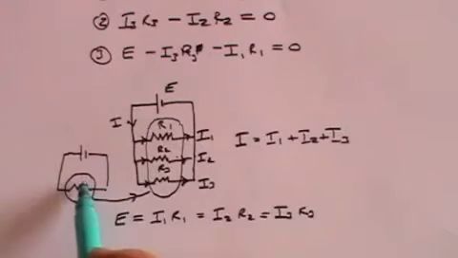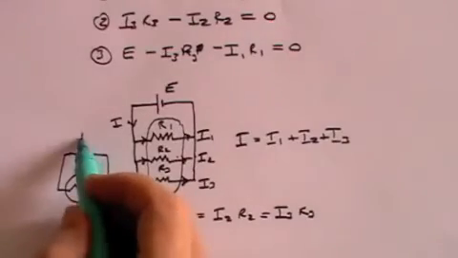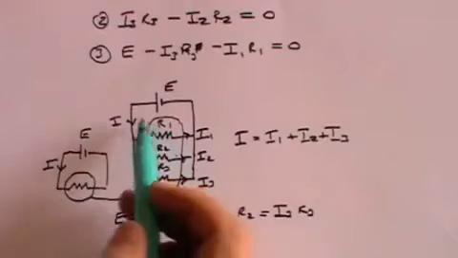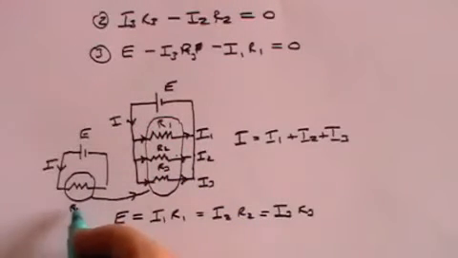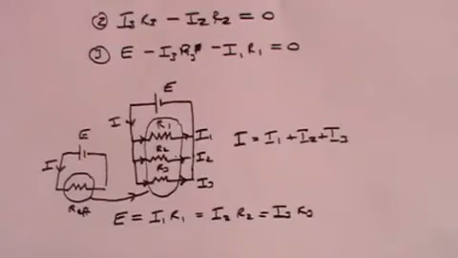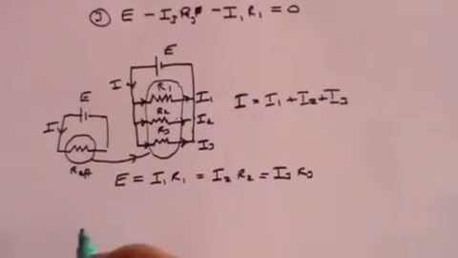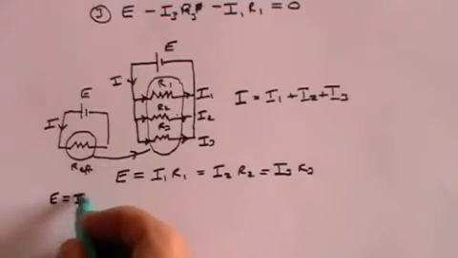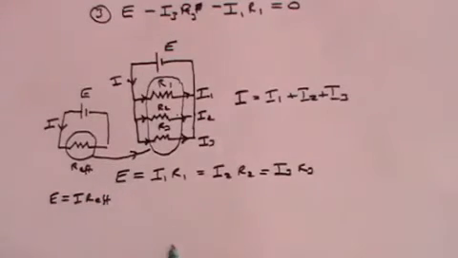How can we work out what that effective resistance is? Well, we have E, a total current I, and what's called R effective. In that case, we would say that E equals I times R effective.